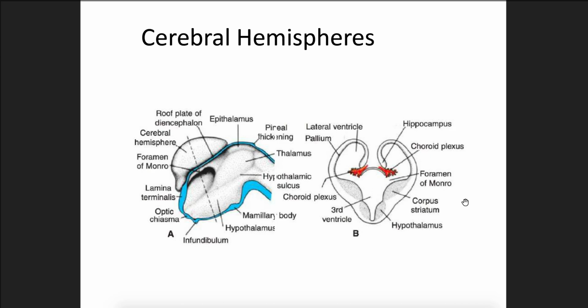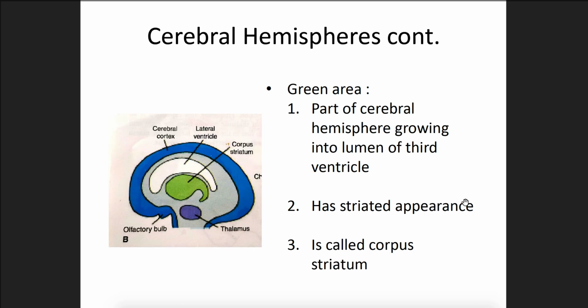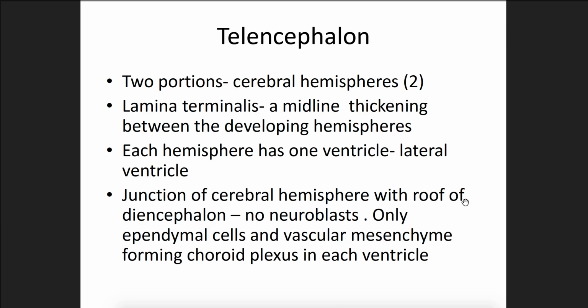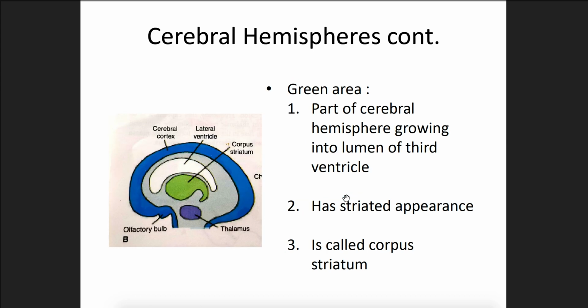Within each hemisphere, you will have one ventricle, which is called the lateral ventricle. And I told you that the cerebral hemispheres will develop lateral to the diencephalon. So at the junction of the roof of the diencephalon and cerebral hemispheres, you will not have neuroblasts, you will only have ependymal cells and vascular mesenchyme, because here you will have formation of the choroid plexus of each lateral ventricle. It will become a little clearer to you as we go on.